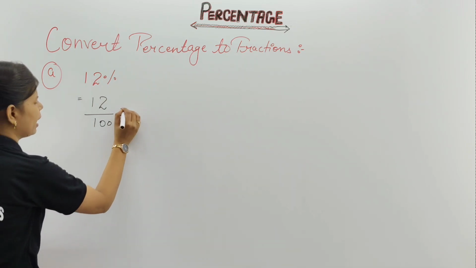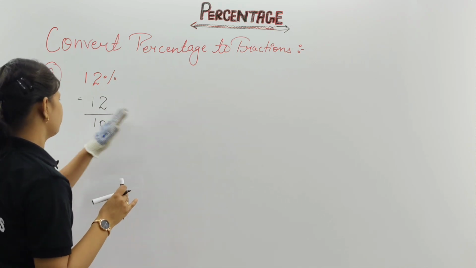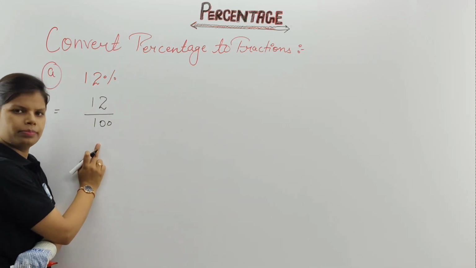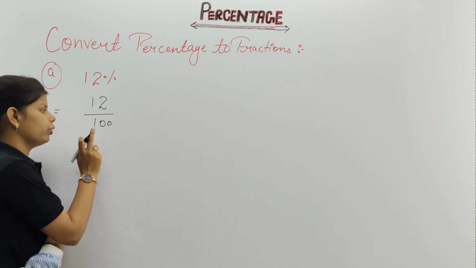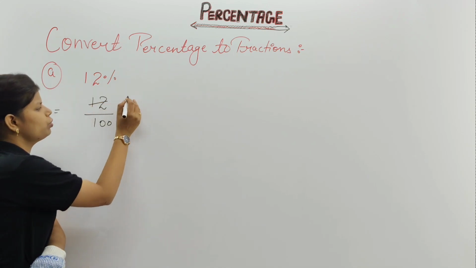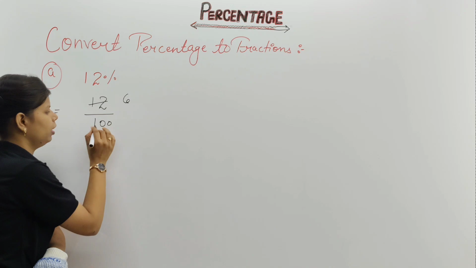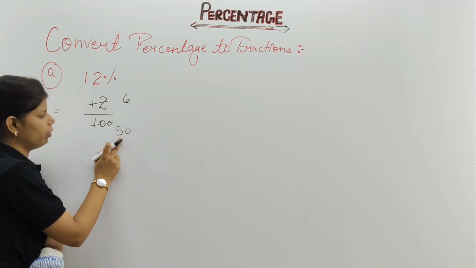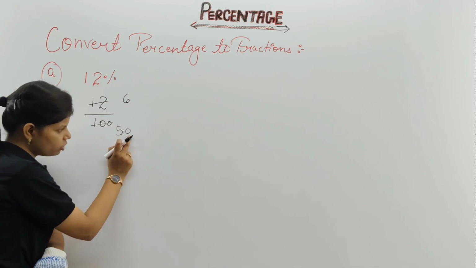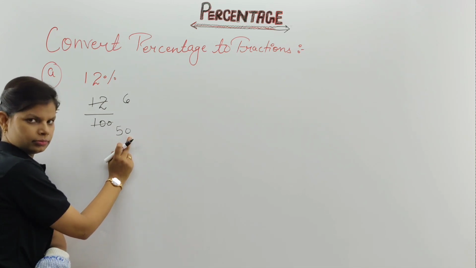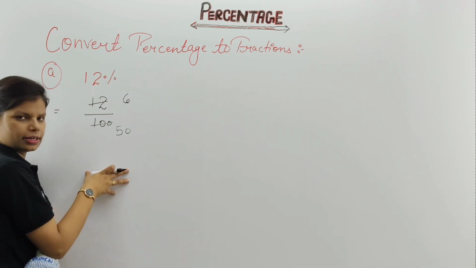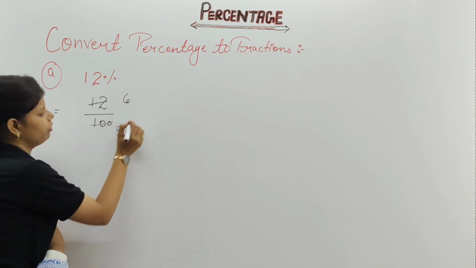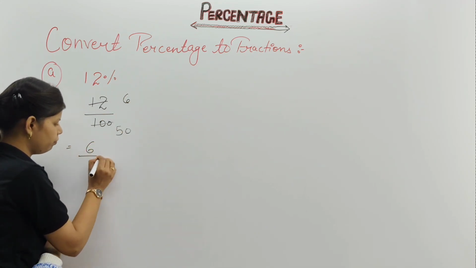You already know this number can be cut with some of the tables, like when you divide with the table of 2. Two 6s are 12 and two 50s are 100. This 0 continues here. We get here 6 upon 50.